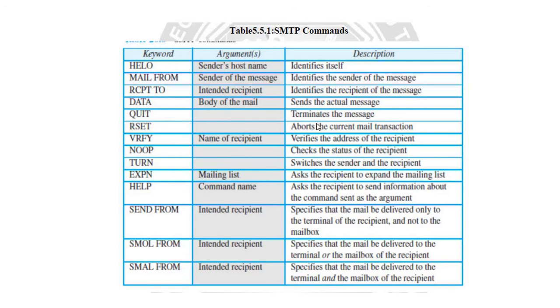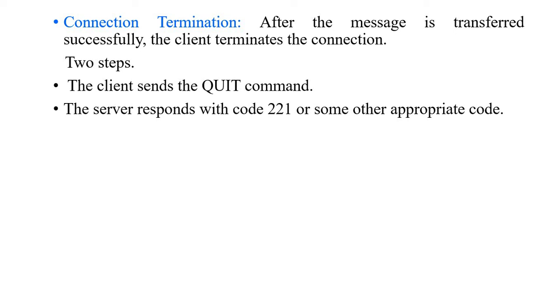For example, quit means terminating the message, recipient to means identifying who the recipient is from the address, and verify means verifying the address of the recipient. Likewise, SMTP follows certain commands while it undergoes its data transfer.